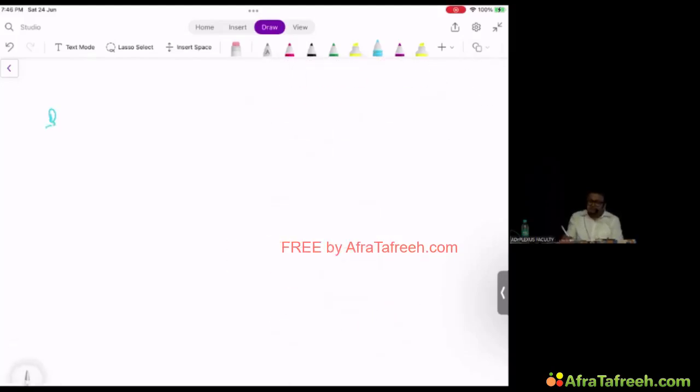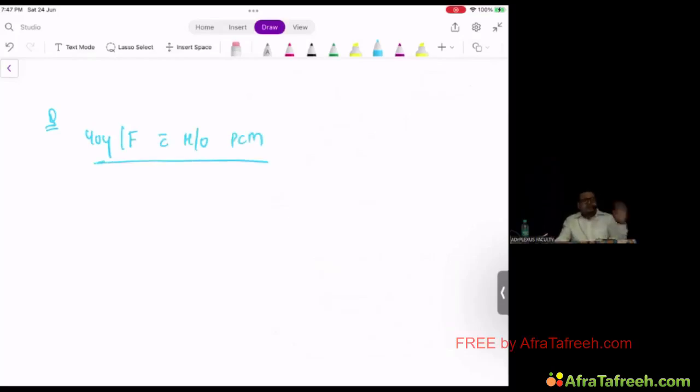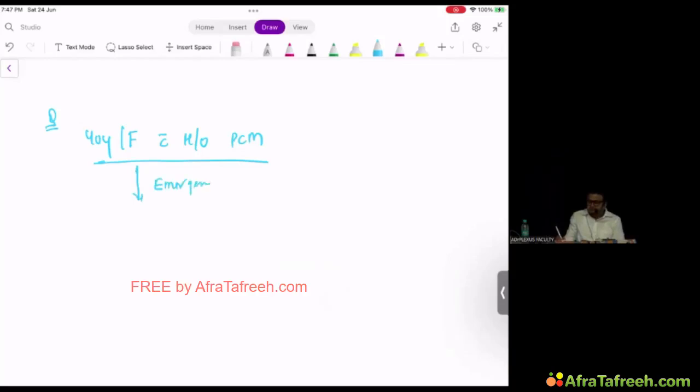Clinically, how is this question asked? I'll tell you the question. A 40-year-old female with a history of pheochromocytoma. It is given that the patient is a known case of pheochromocytoma. She came to the emergency with a severe rise in BP.